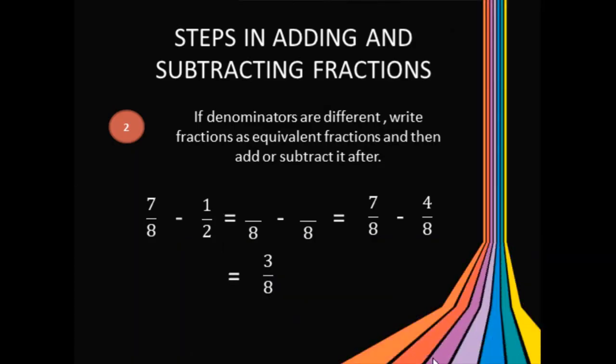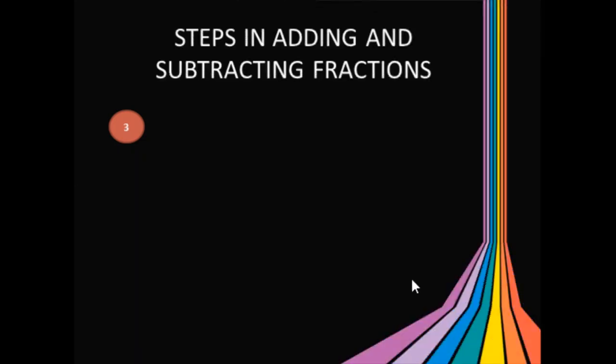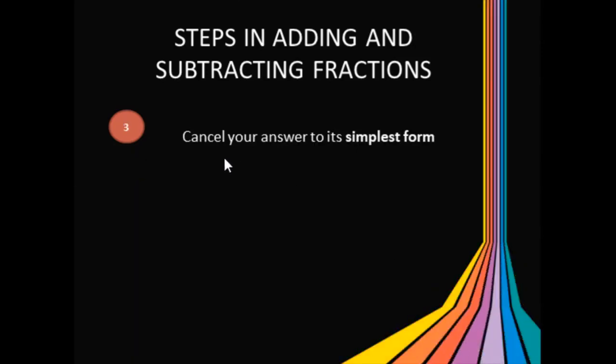Alright? Again, if our denominators are different or not the same, first thing you do is to find their common denominators, change the fraction, you divide and multiply before you add or subtract. Okay, let's go to step 3. Cancel your answer to its simplest form.